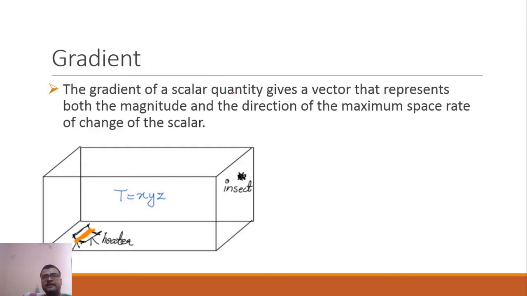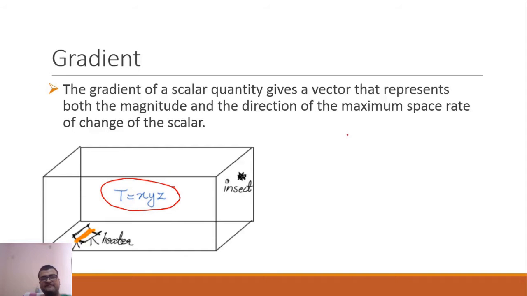Gradient helps us to understand the maximum space rate of change of a scalar. Let us see this example. Let's say there is a room, and in one corner of the room there is an insect and in the other corner there is a heater, and the heating effect of this heater is represented by a scalar quantity. Because we know that temperature is a scalar quantity, let us say that T equals x into y into z.